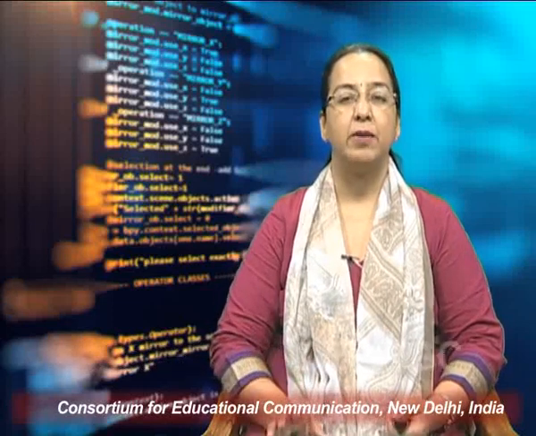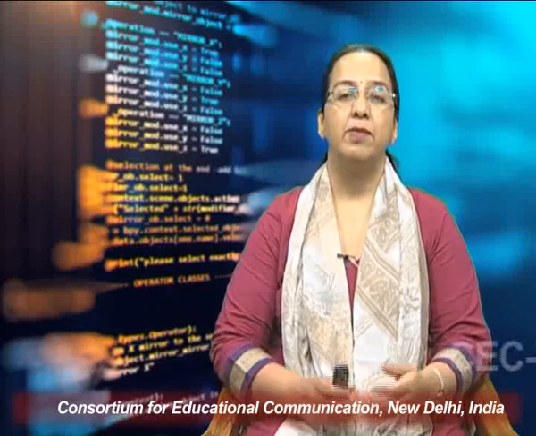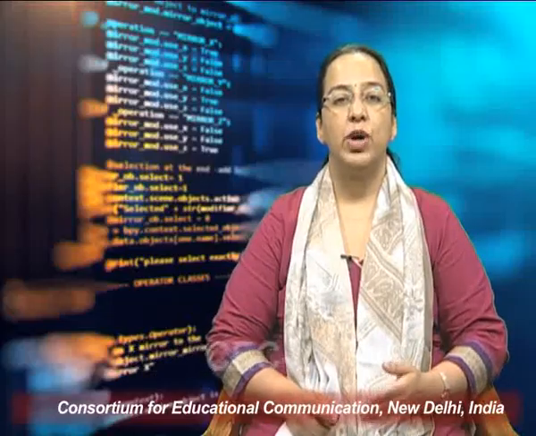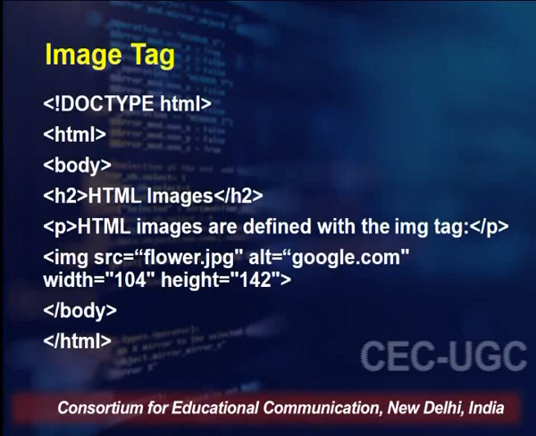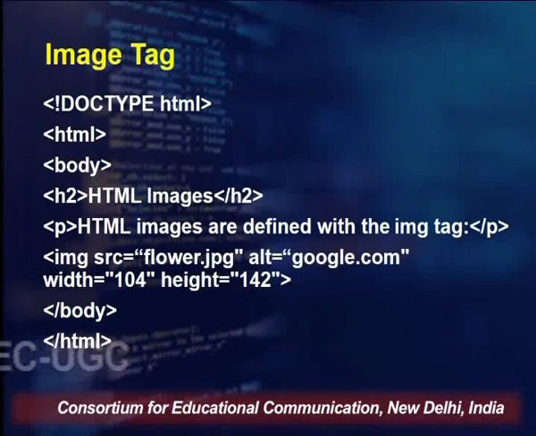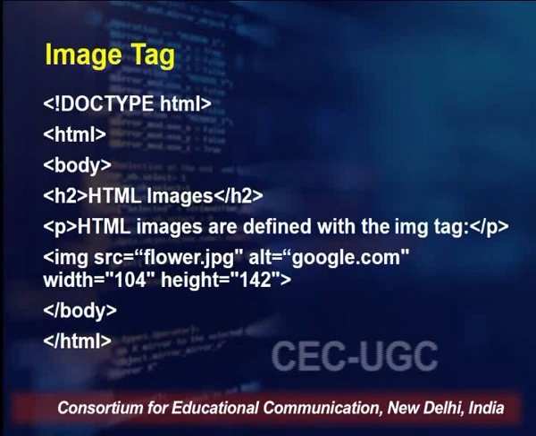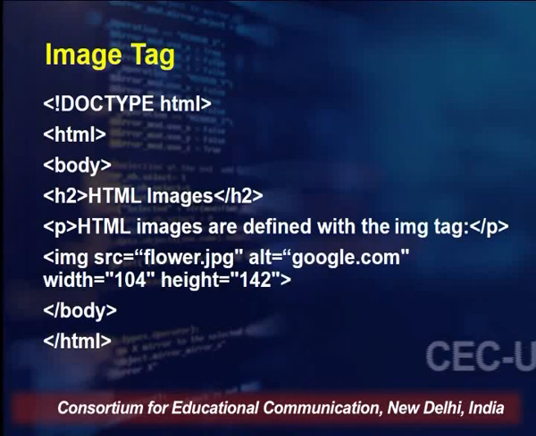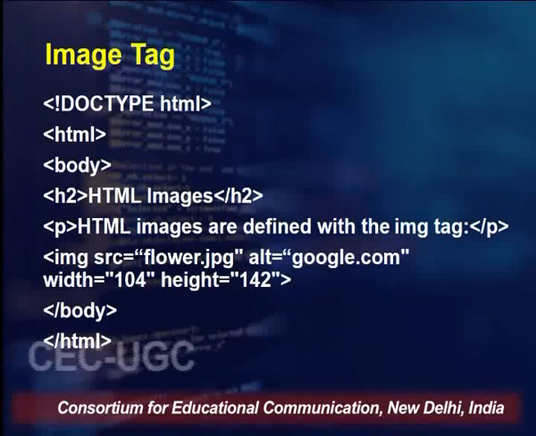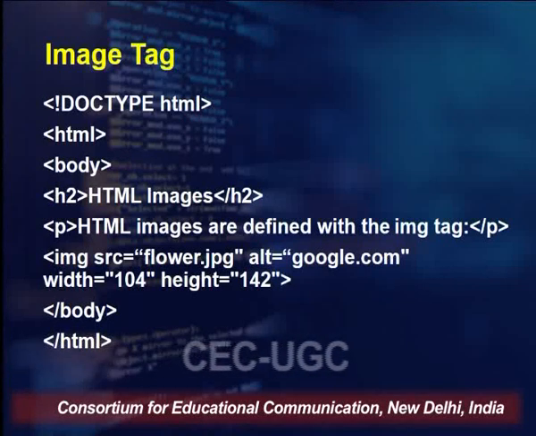Then we have alt text, but before that, let me explore width and height. Width equals 104, in pixels, and height equals 142, again in pixels. Within the double inverted commas you define the width and height in which you want to display the picture.